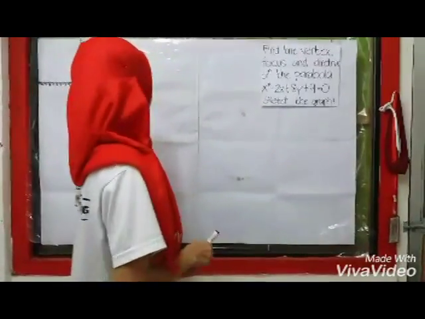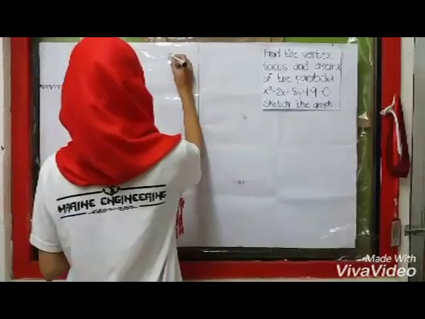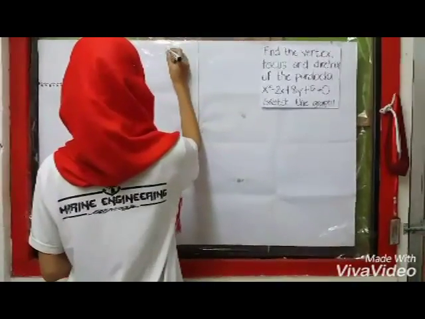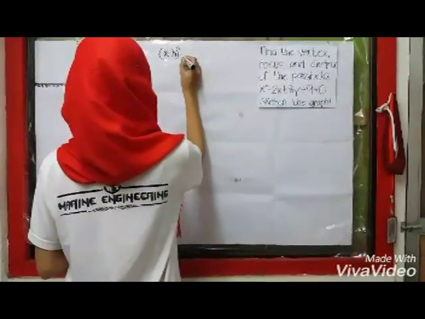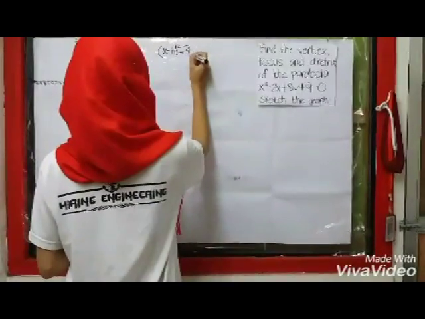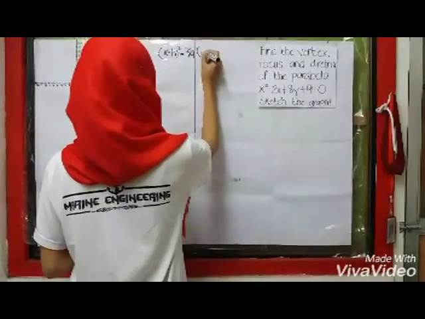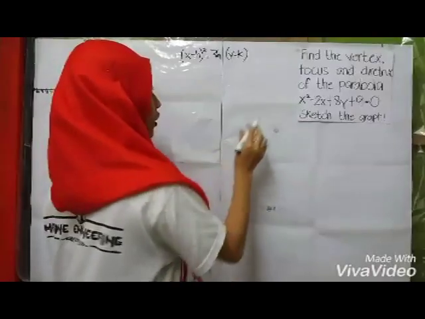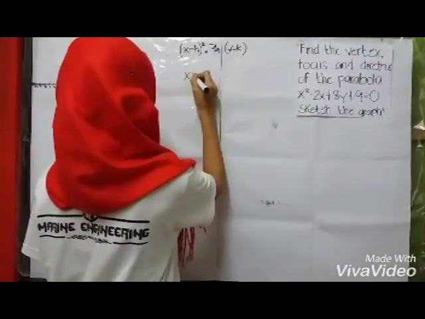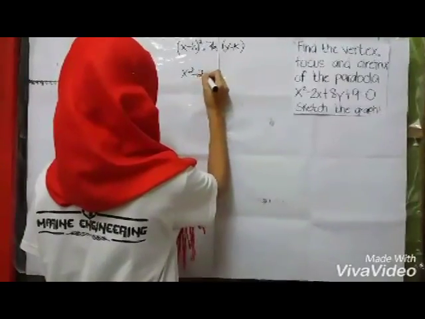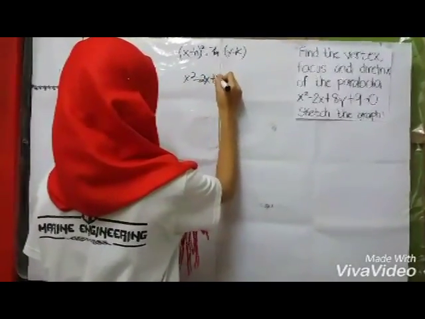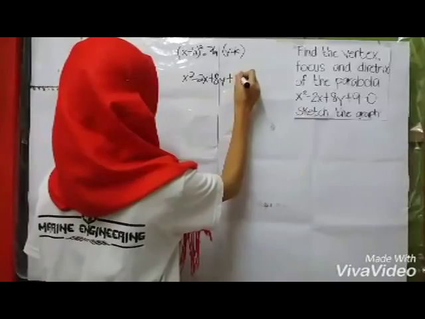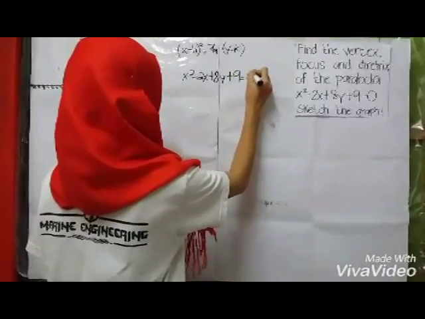In order to do this, it's going to be helpful if we put this into standard form. So we're going to arrive at this formula: (x minus h) squared is equal to -4a times (y minus k). Our given is x squared minus 2x plus 8y plus 9 is equal to 0.